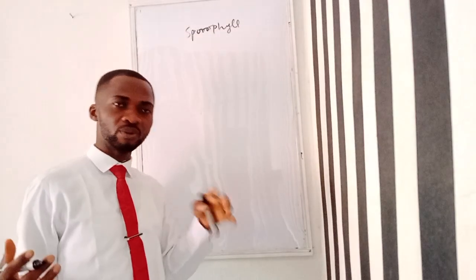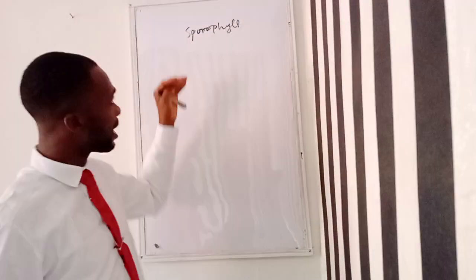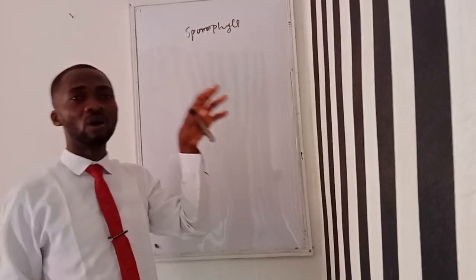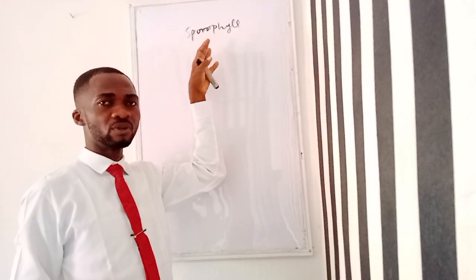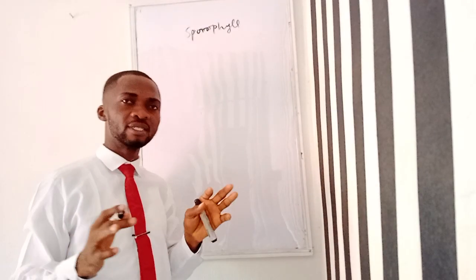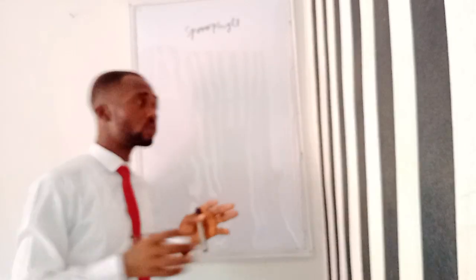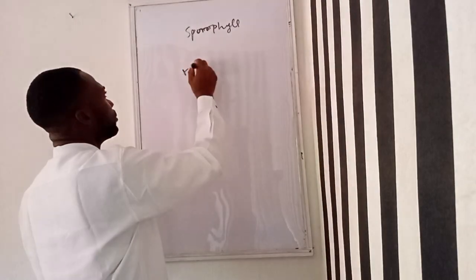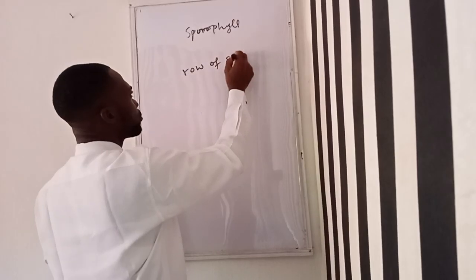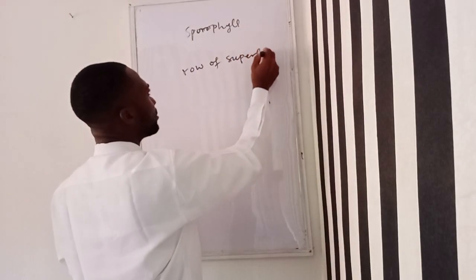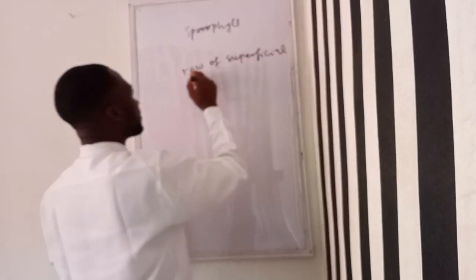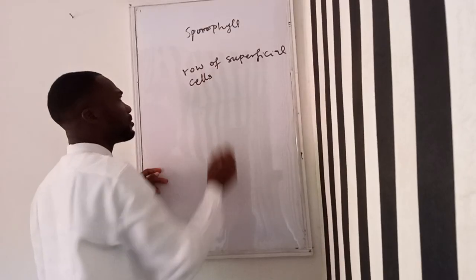Then inside the sporophyll, you now see the sporangium. So we'll have a group of cells of the sporophyll that divide into what we call a row of superficial cells.